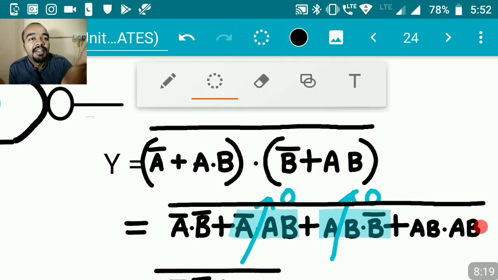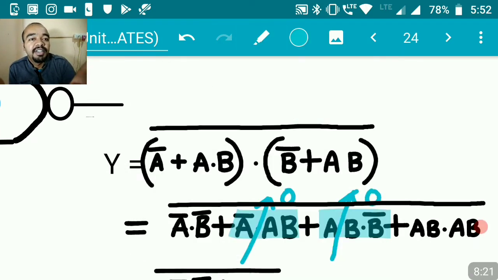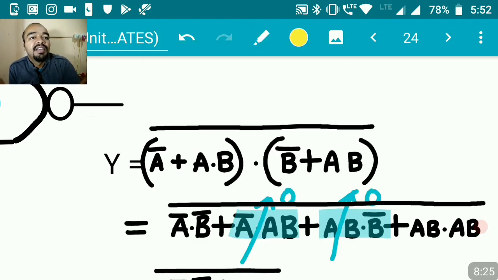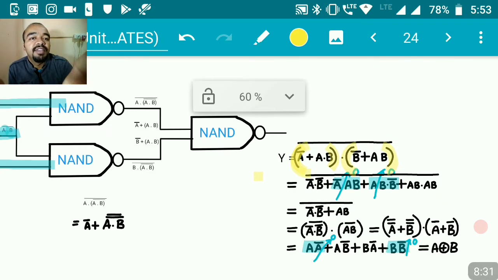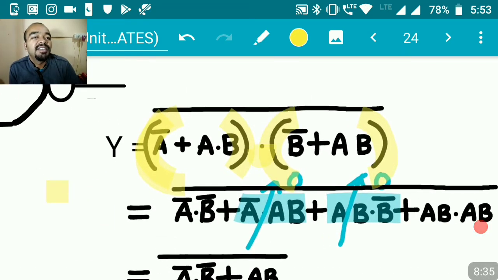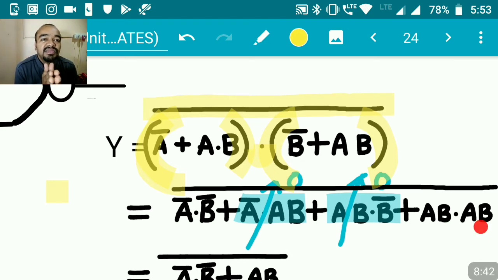You are getting? Let me take a highlighter and show you. We have the first input, we have the second input, then the ANDing operation is done between them, and finally a bar has been written on them. So this is how the NAND gate is going to function.